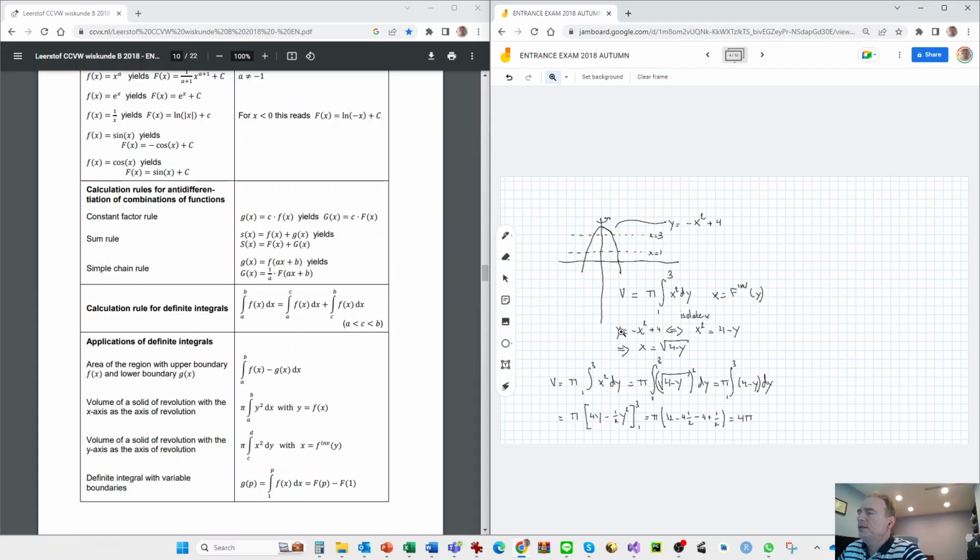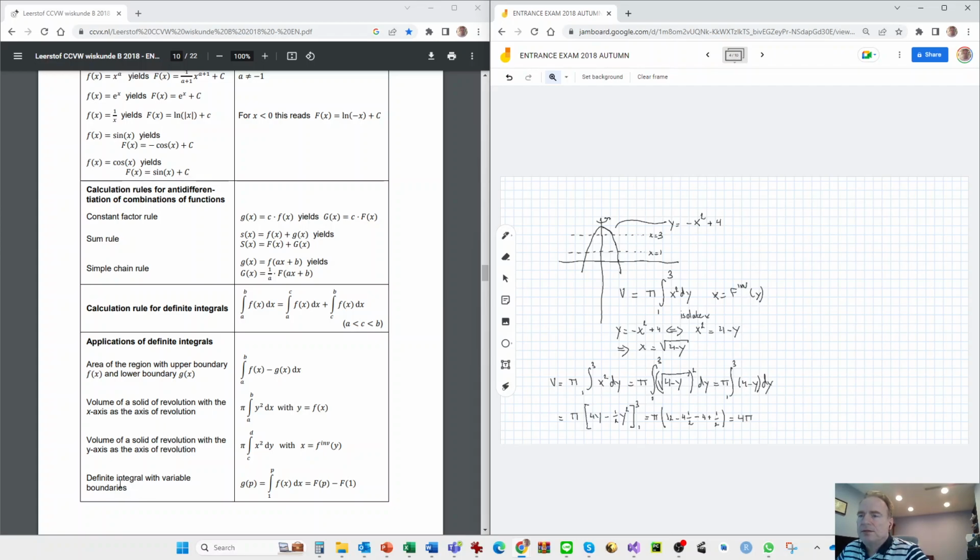So y is minus x squared plus 4, so x squared is 4 minus y, or x is the square root of 4 minus y. Then I just plug this in, I get this integral over y, and then I find the answer. So if you don't understand this well, just stop the video and follow the math here.